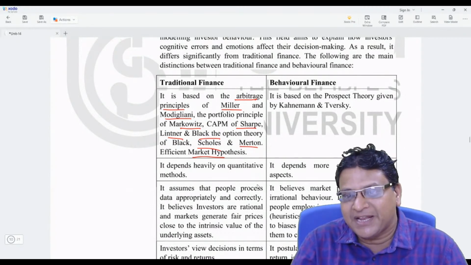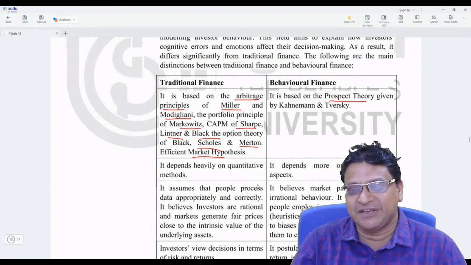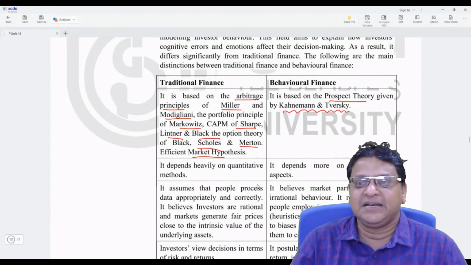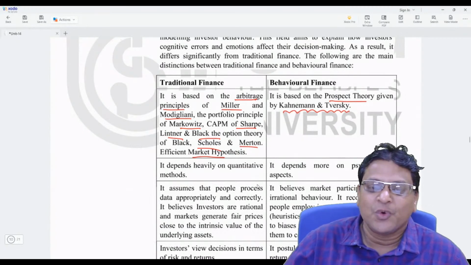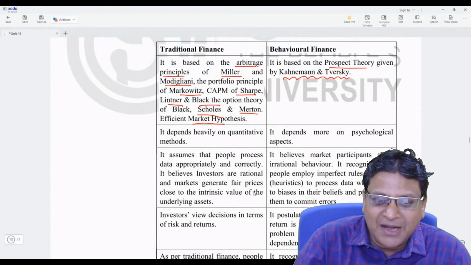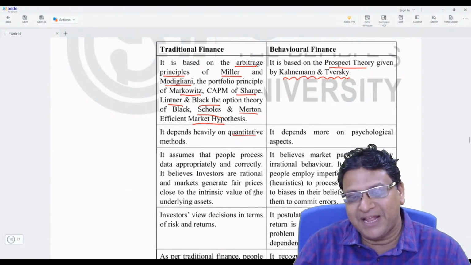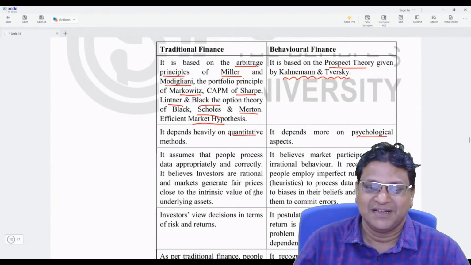But behavioral finance is based upon prospect theory, which is given by Kahneman and Tversky. Traditional finance depends heavily on quantitative methods, but behavioral finance deals with psychological aspects of finance.